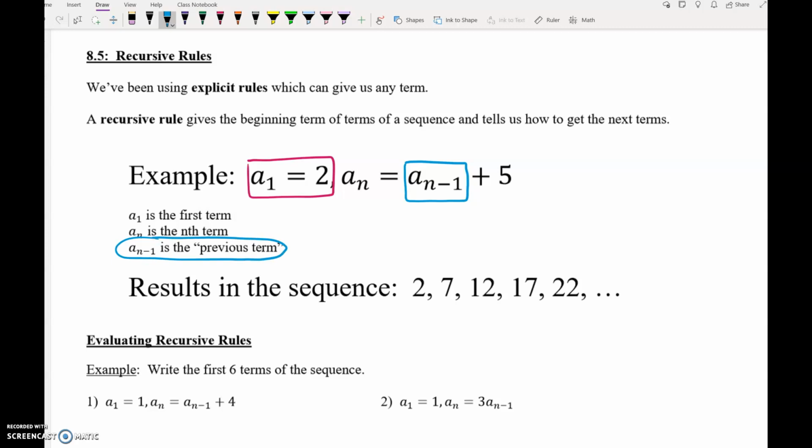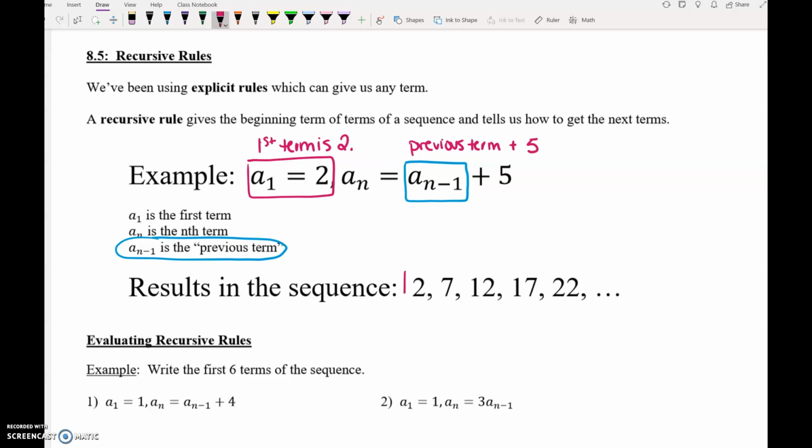And I find that recursive rules are the easiest if you translate them into English. So this thing in English says first term is 2. The next term is going to be the previous term plus 5.